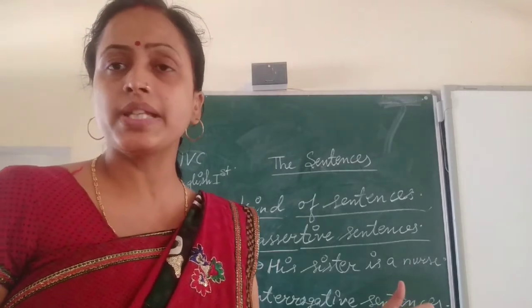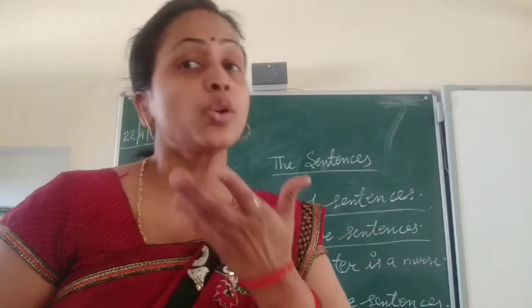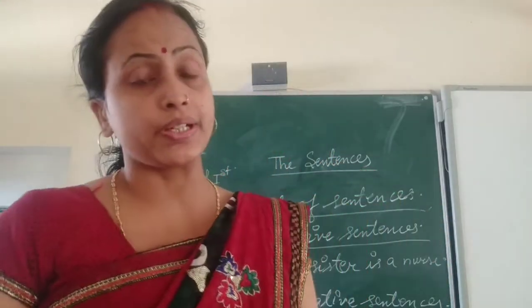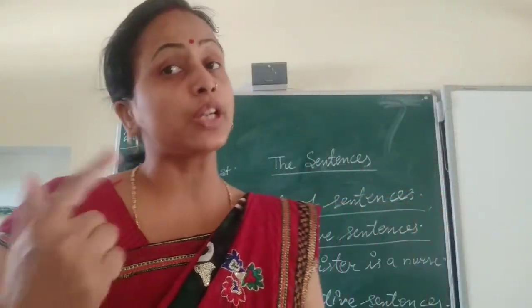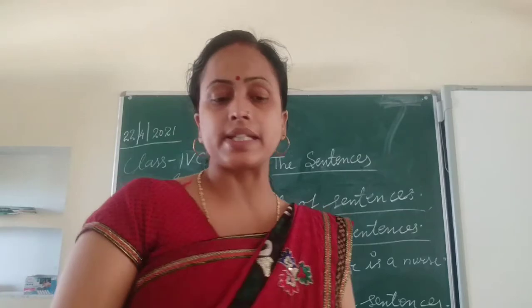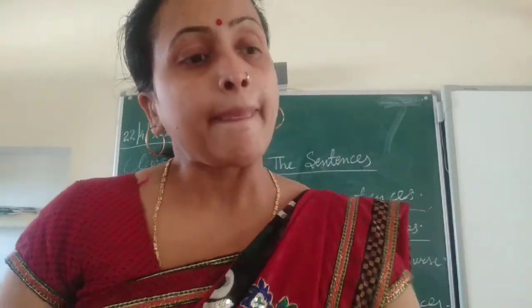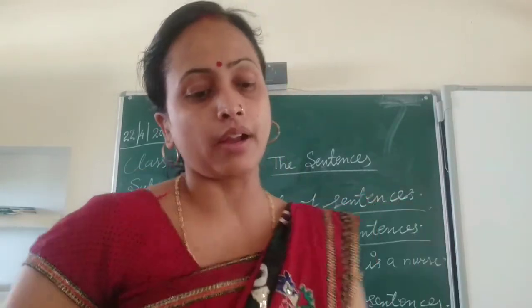This is the second kind of sentence. An interrogative sentence always asks a question. Interrogative sentences are those sentences which ask questions, and they always end with a question mark.